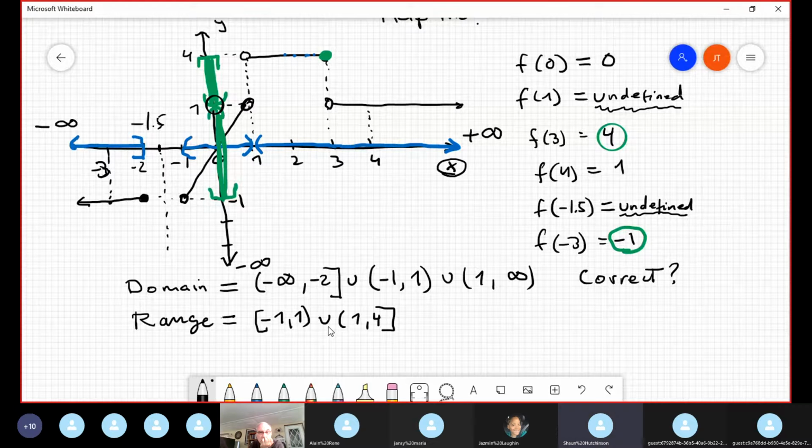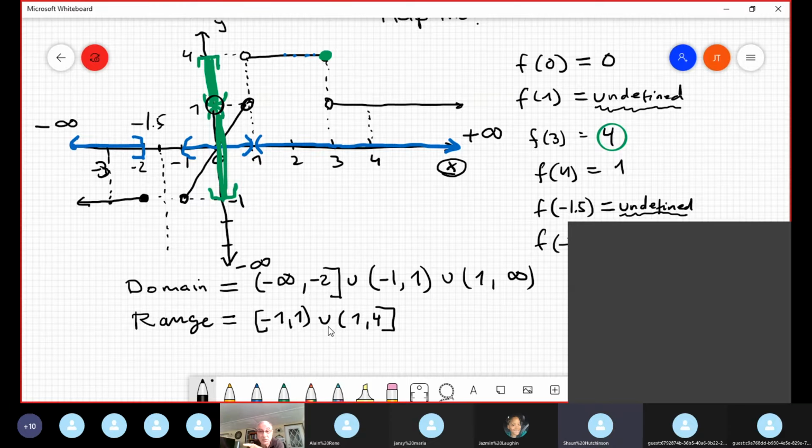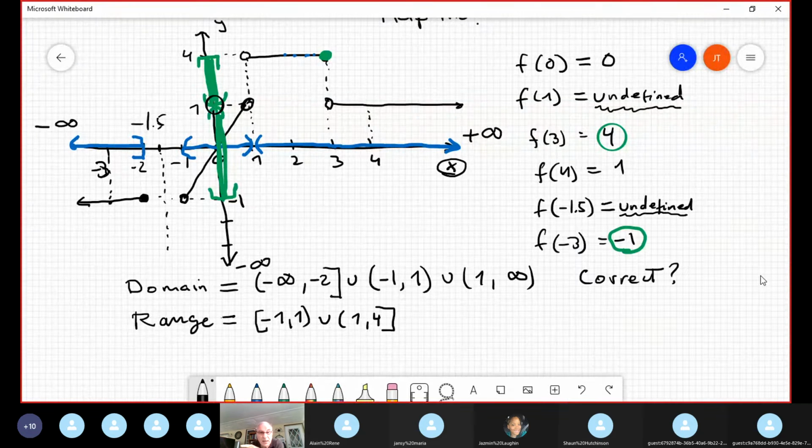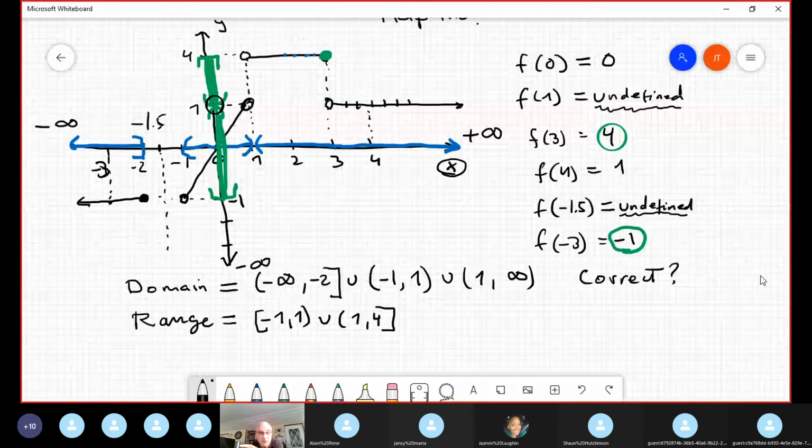All right, let me see. F of 4. Oh, yes. You are right. I am wrong. Listen to me. This is open, but we have another point here where the value is 1. So, it's obvious that this is no hole.